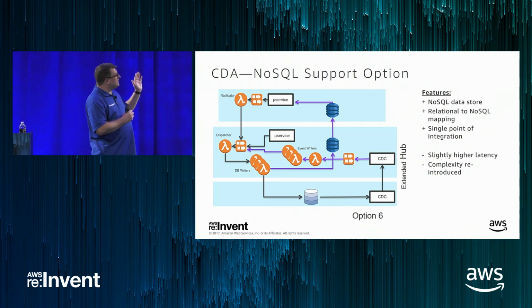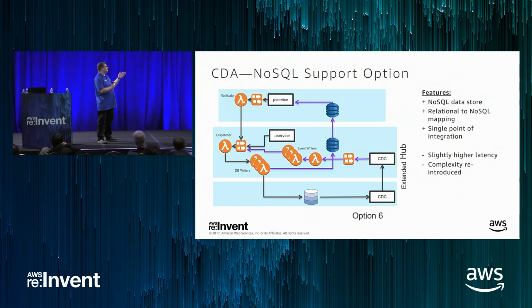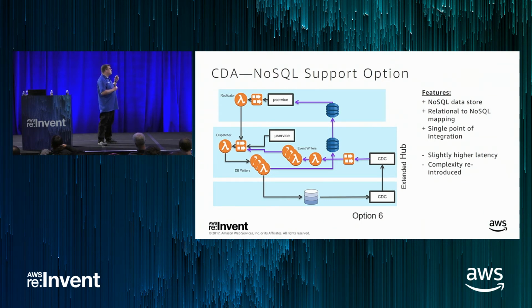I'll walk you through. Basically, when a write happens to DB2, the CDC tool, again, picks up the transaction, moves that into the hub, where the CDC tool then takes that transaction data. Instead of writing it directly to a relational database, it puts it again into a streaming data platform.